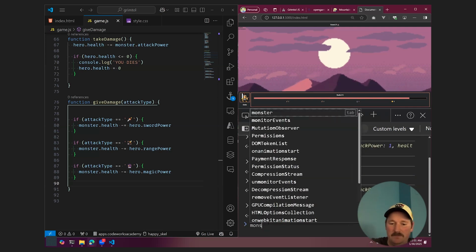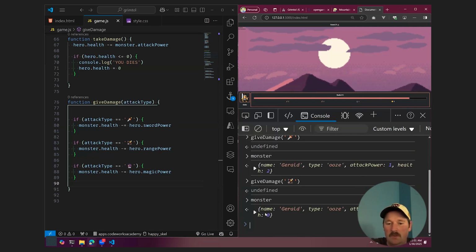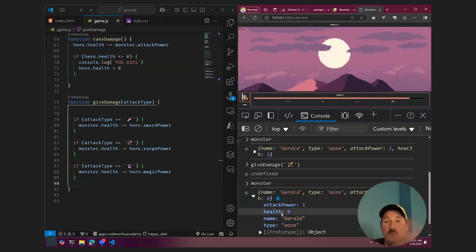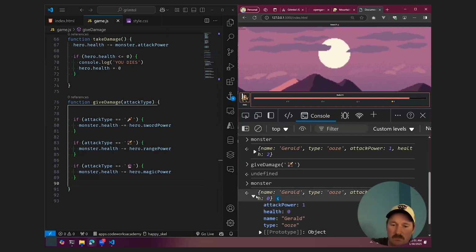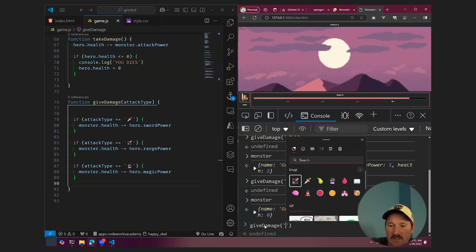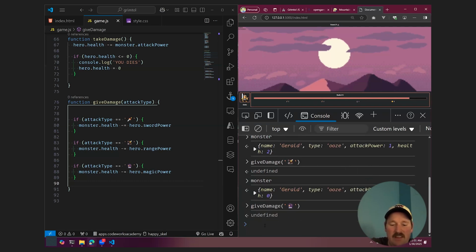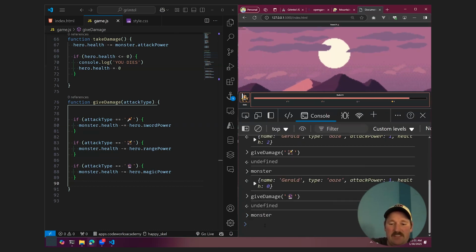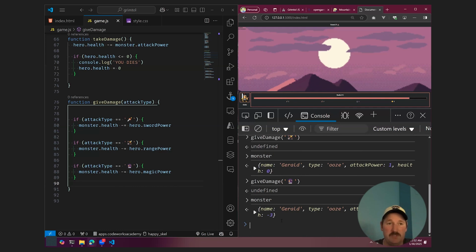And I look at my monster. He's dead. His health went down by 2. Sick. And if I give damage magic, his health should go to -3, right? Because I don't have any logic in there right now that prevents his health from going below 0.